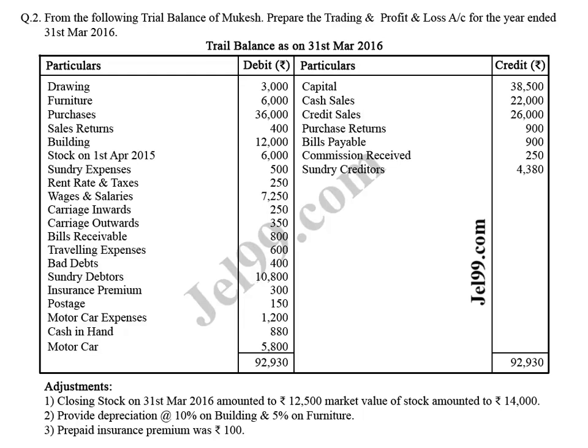They are as follows. Solution 2. In the books of Mukesh, trading account for the year ended 31st March 2016, debit side, credit side, particulars, rupees. Profit and loss account for the year ended 31st March 2016.